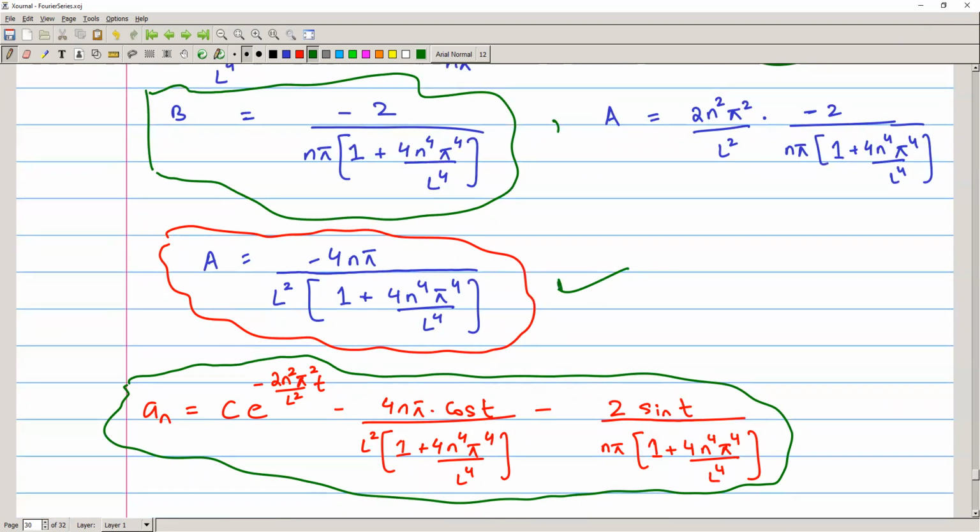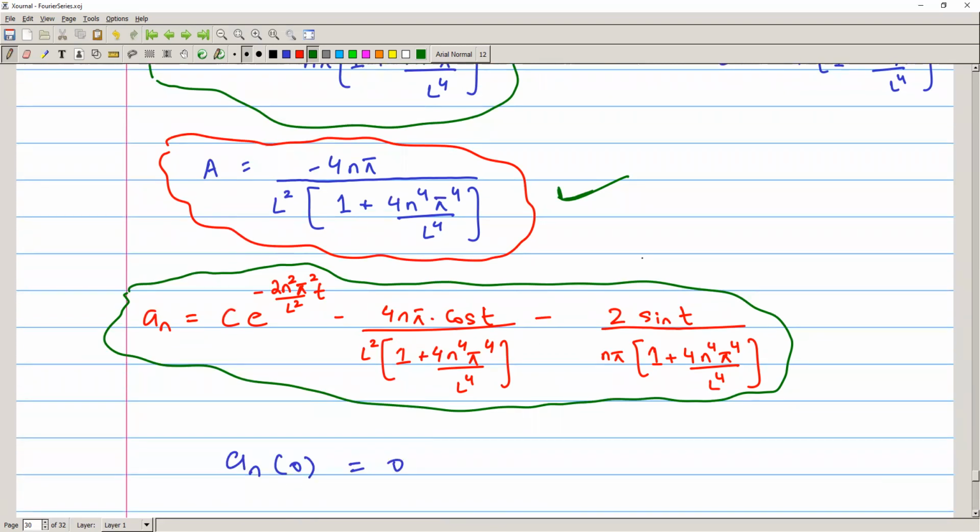Now we are very near to the final solution. We only need to find c. For that, we will apply the initial condition. So here is the solution. This is basically an is equal to an homogeneous plus an particular.